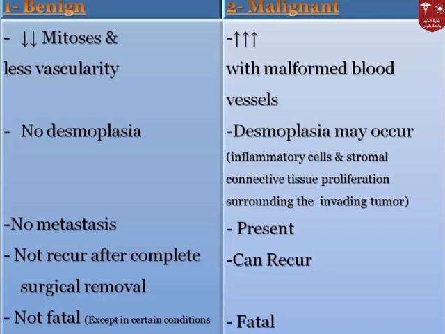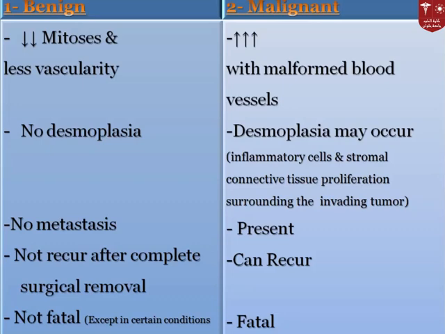So now we know that mitosis numbers in benign tumors under the microscope are less than in malignant tumors. And benign tumors under the microscope have less vascularity than malignant tumors, which form angiogenesis and have malformed blood vessels.